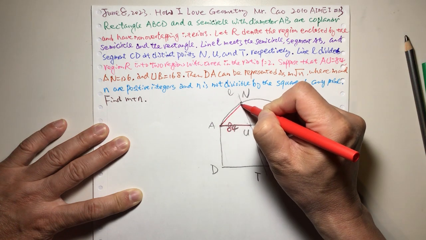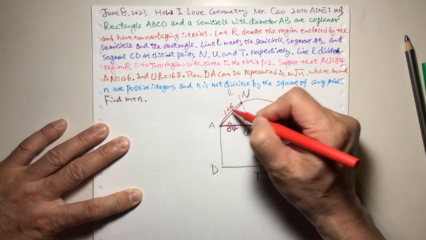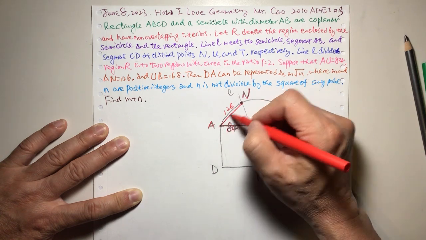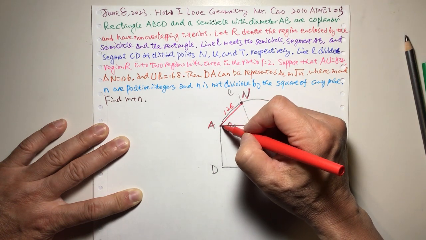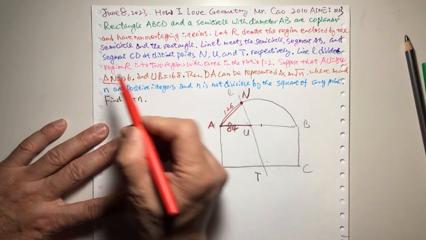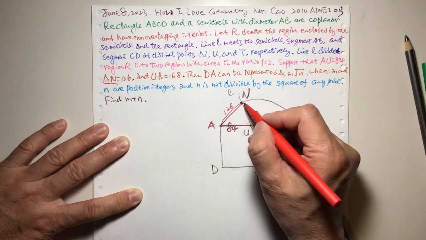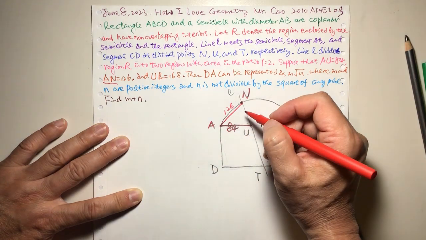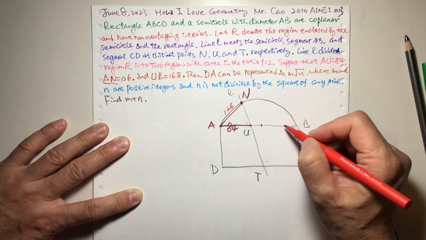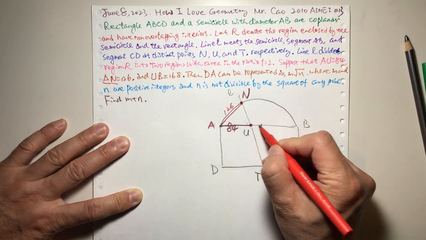So this is 126, AN. That's a chord. It's not the arc AN, it's the chord. And UB is 168. So UB from here is 168.